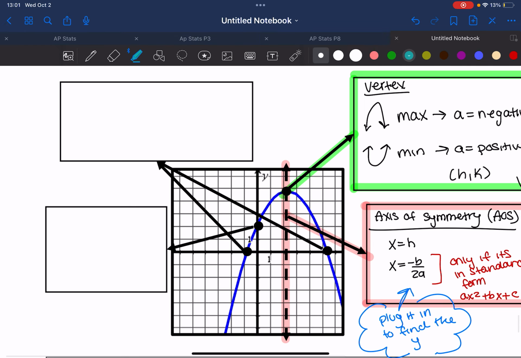A parabola can have up to 2 x-intercepts, but it could also have only one or none, depending on where the parabola is located on the graph.